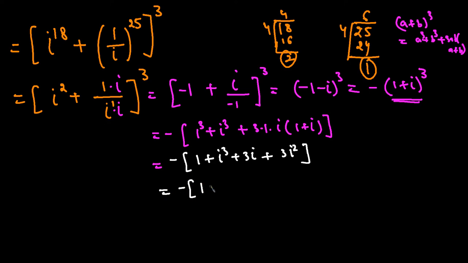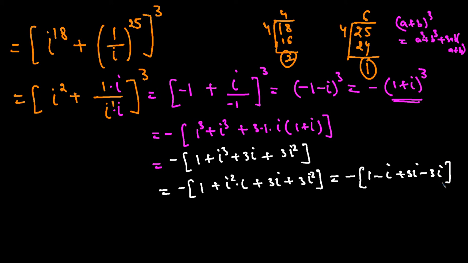So 1, plus iota square into iota, plus 3 iota, plus 3 iota square. Iota square is -1, so negative times positive gives me negative, and this is iota, and here you got plus 3 iota, and iota square gives me negative, so you got -3 over here. Okay, so let's do more algebra.